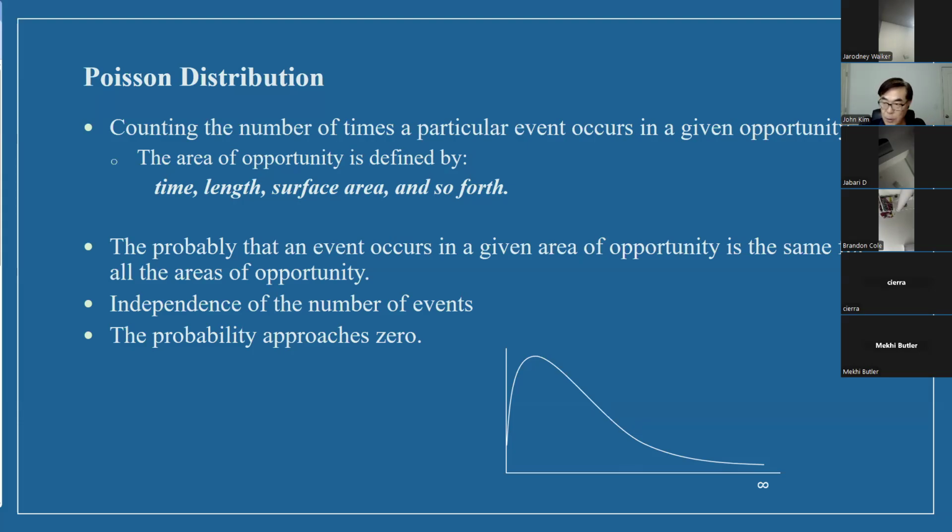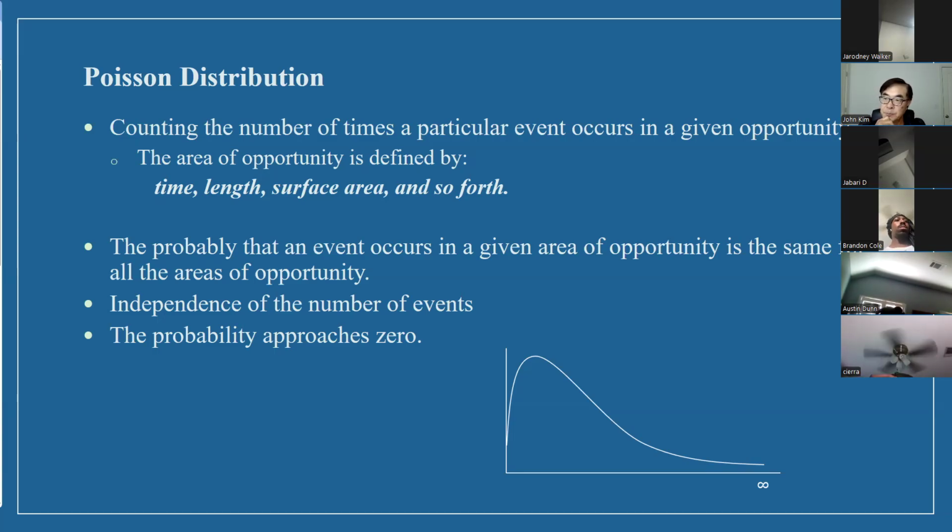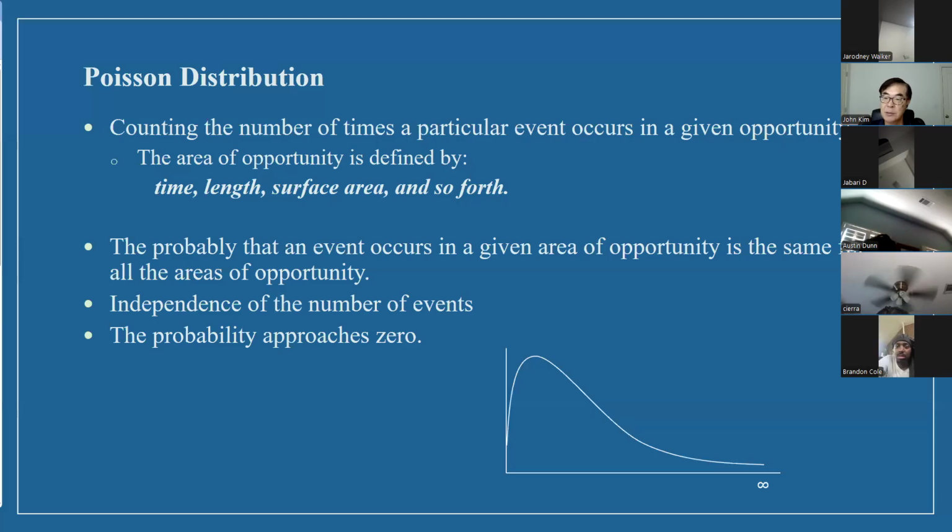Okay, today we will continue chapter 5, second part, in discrete probability distribution. The second one is the Poisson distribution. Earlier, we covered the binomial distribution: either something or something, yes or no, fail or success, and so on.